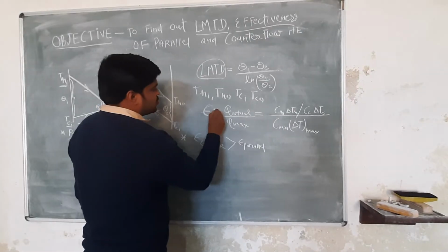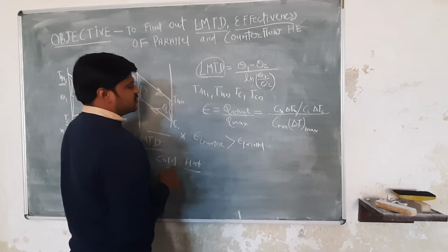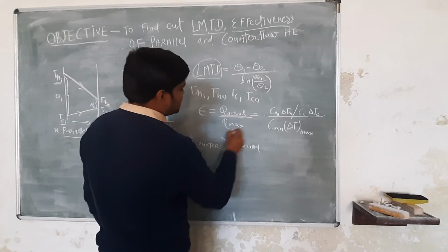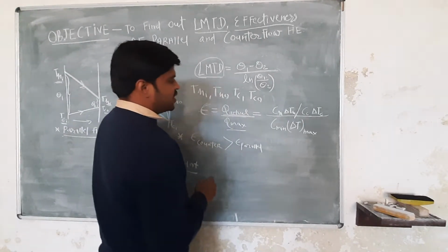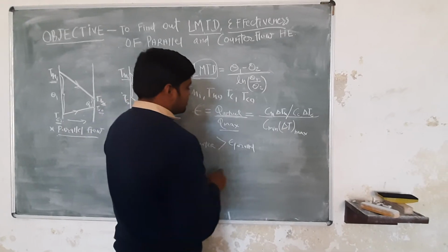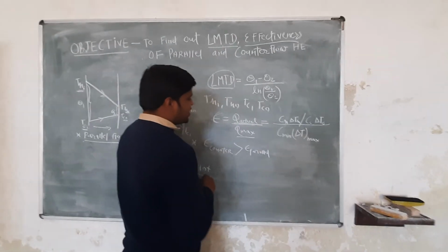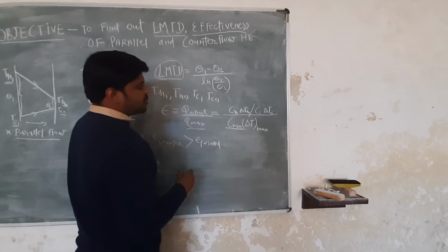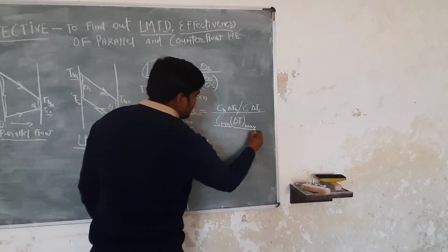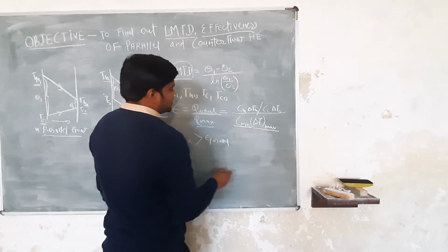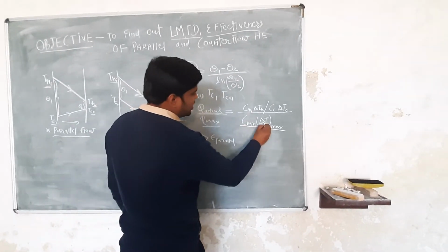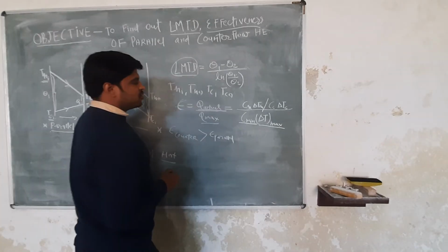Now moving on to the formula of effectiveness. What is effectiveness? It is basically the ratio of the actual heat transfer to the maximum heat transfer. And we know that the maximum heat transfer is the product of the minimum heat capacity and the maximum temperature difference between the hot and cold fluid.